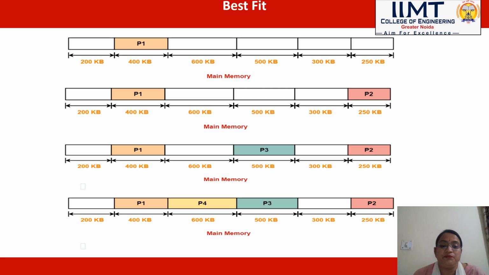And process P4 has size 491 KB. First of all we search the entire system for the smallest value to accommodate and allocate to the process. So 600 KB is the smallest one, and it is allocated to process P4.